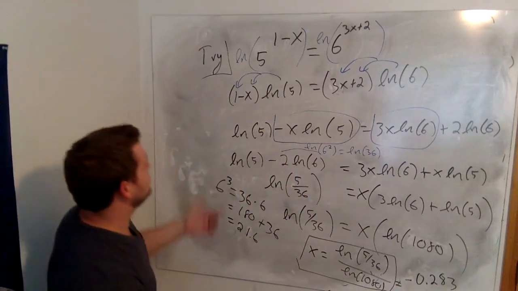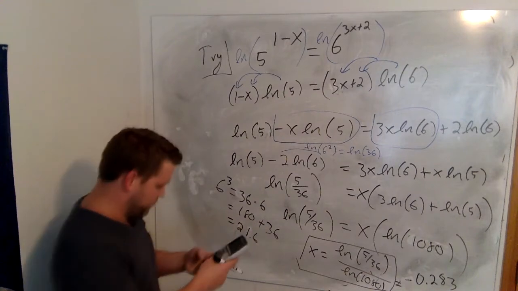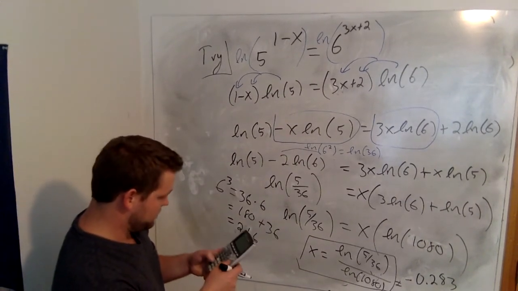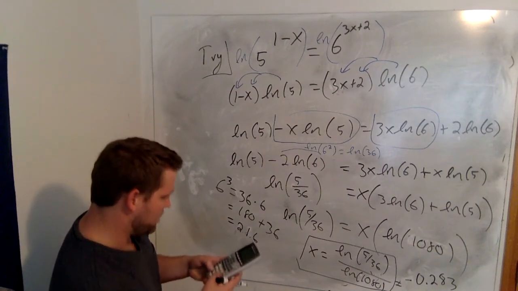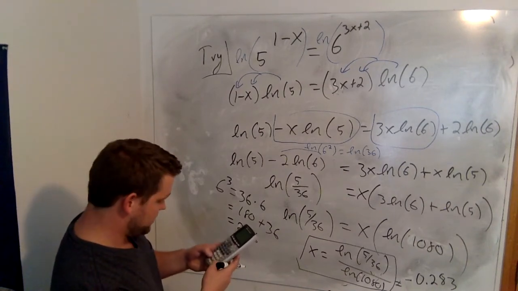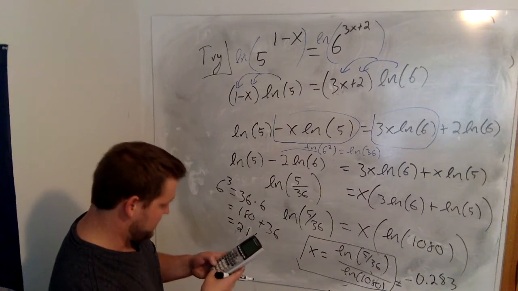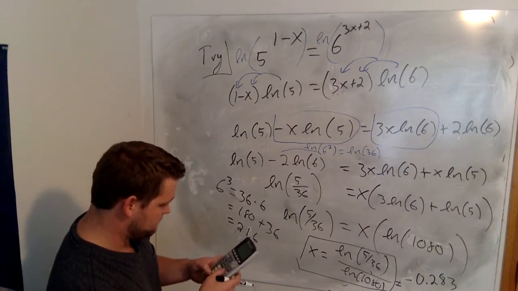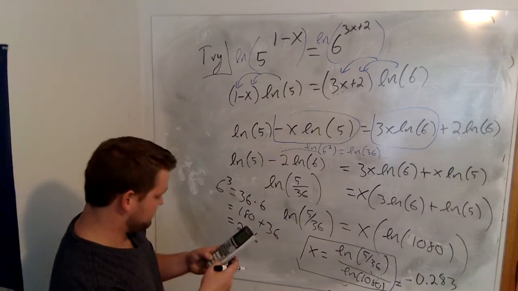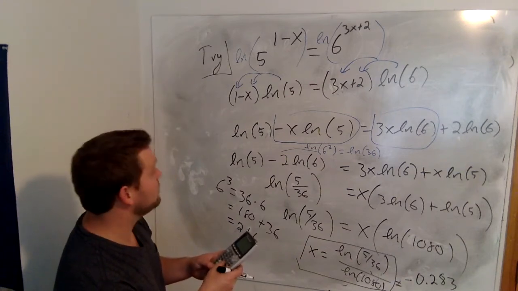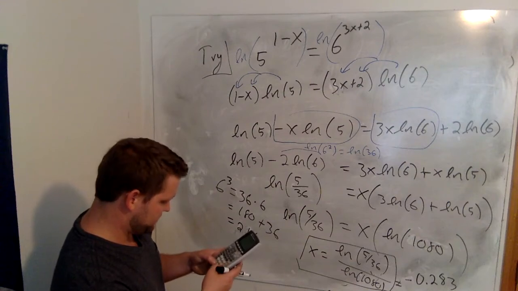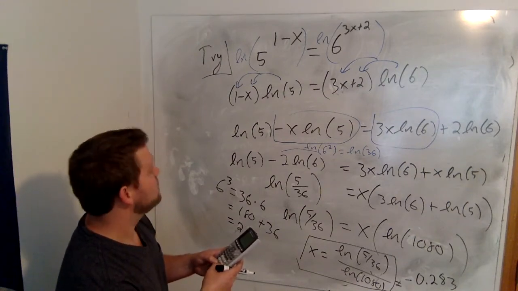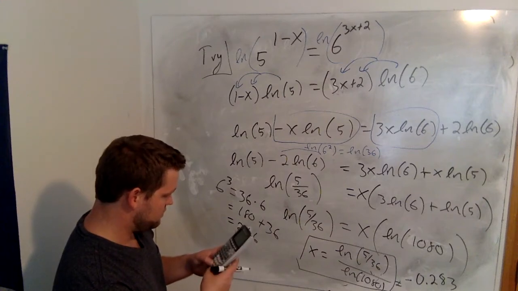Okay, let's check our answer. What if we have 5 to the power of 1 minus a negative 0.283? Is that the same thing as 6 to the power of 3 times a negative 0.283 plus 2?